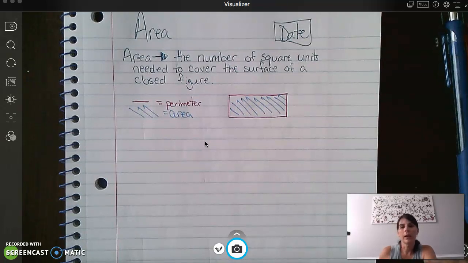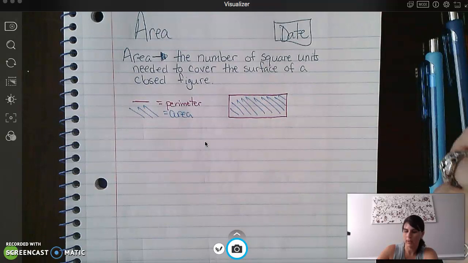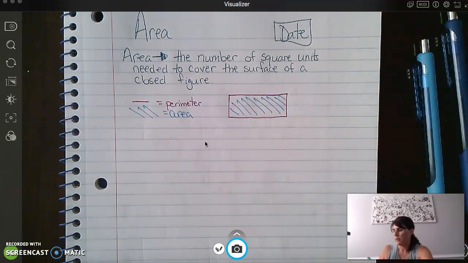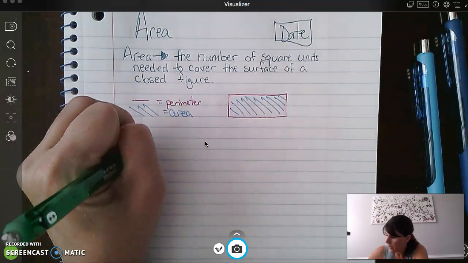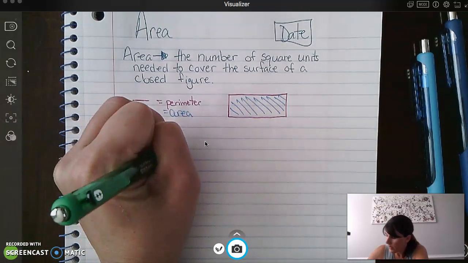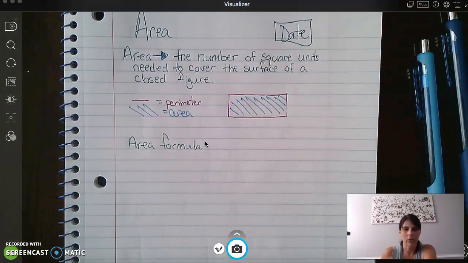When you find the area, let's do the formula for that so we know what we're looking at as we get into this. Okay, so the formula for area for a rectangle. So for perimeter, any closed figure, we're just going to add all the sides. For area, when we have closed figures, there are different formulas based on what type of figure it is.